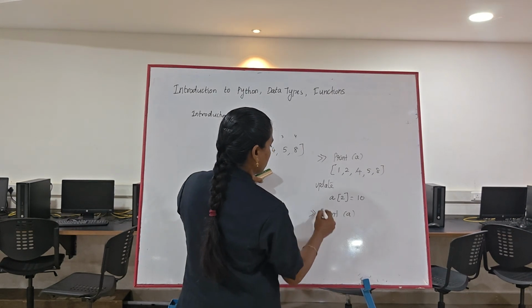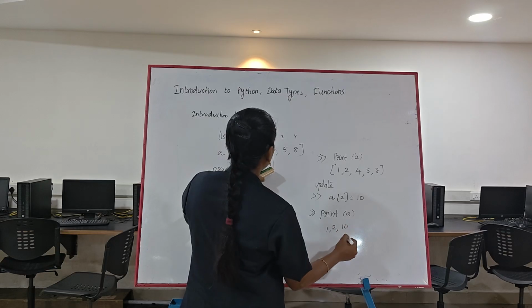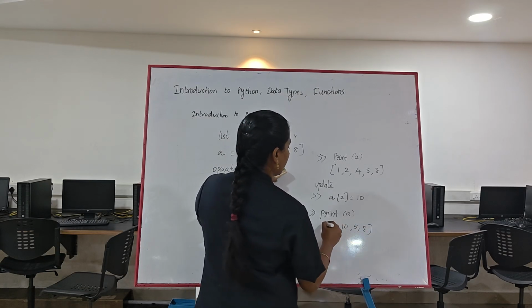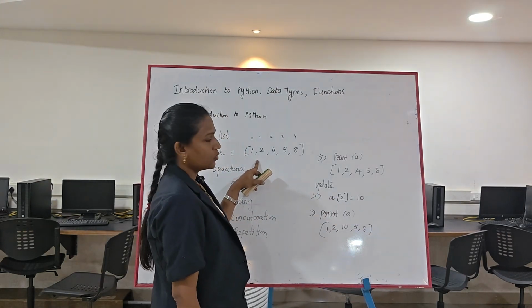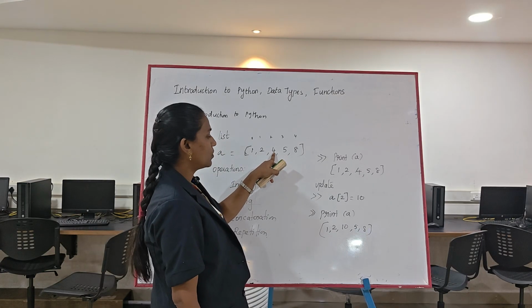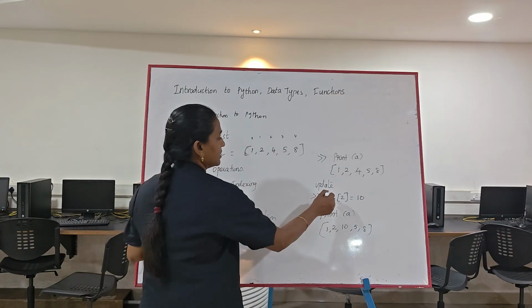The output is 1, 2, 10, 5, 8. It will be updated. Update means that already in the second index 4 is there, and it has been replaced by 10.